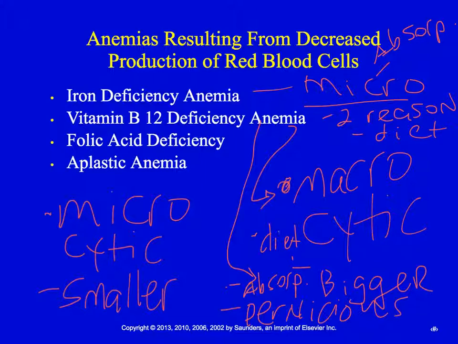It's an indicator to us that the patient has either some kind of diet or nutrition problem, or they actually have a bone marrow problem. And that is when we would go to that bone marrow biopsy that we talked about in chapter 41, where we would have to aspirate out some bone marrow and determine if there are enough stem cells there for the body to actually make that.